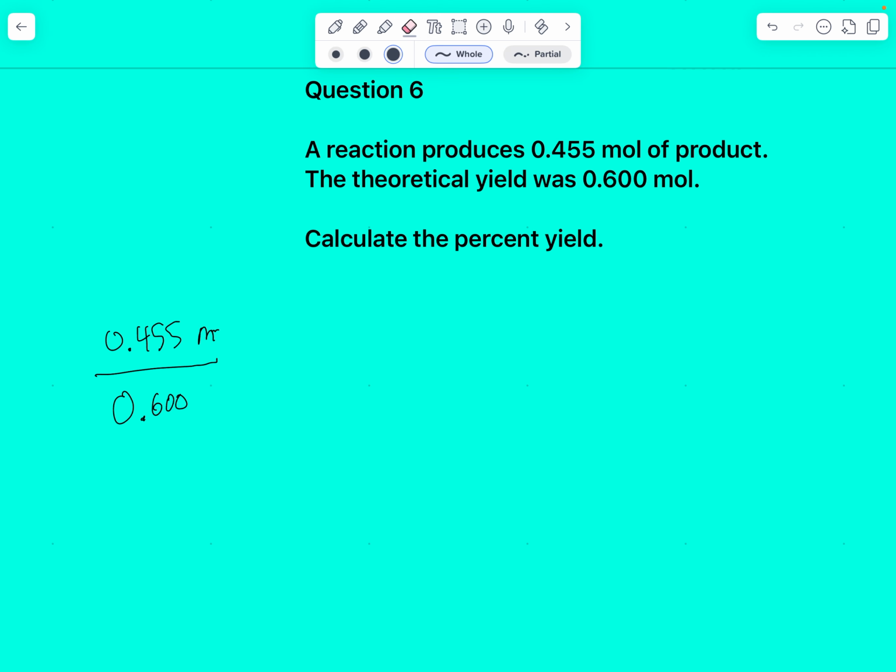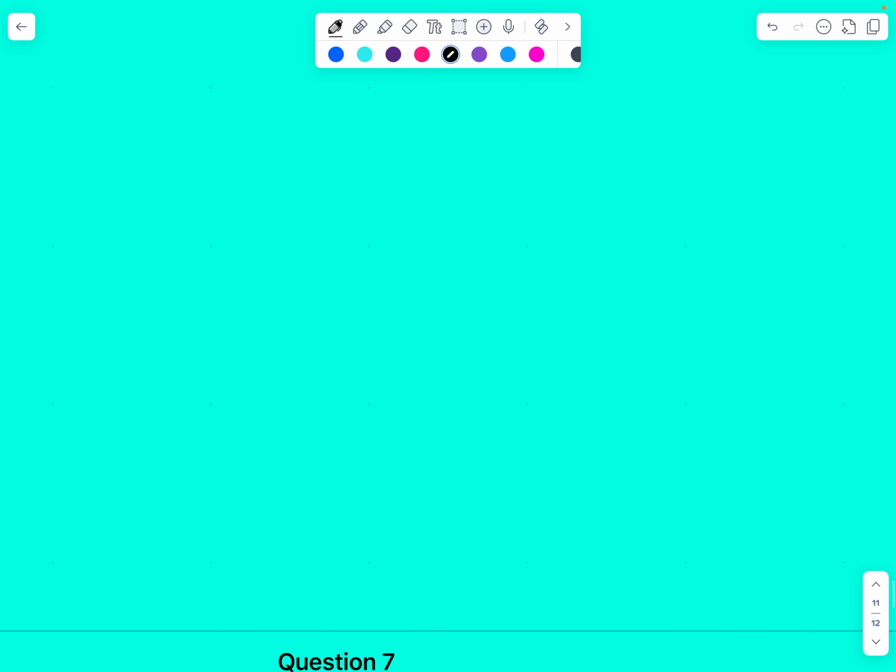You don't even need to include units on this part, times 100. And by doing this division, first on your calculator, do the division part, and then multiply by 100%. Just play it safe. You're going to get 75.8%. All right? Percent yield can use grams or moles. As long as units match, then guess what? You got the answer right.